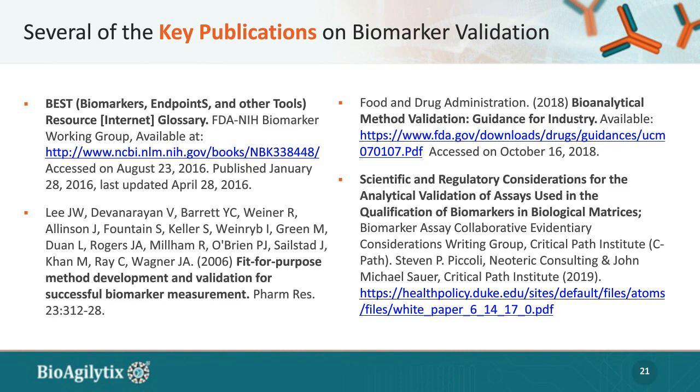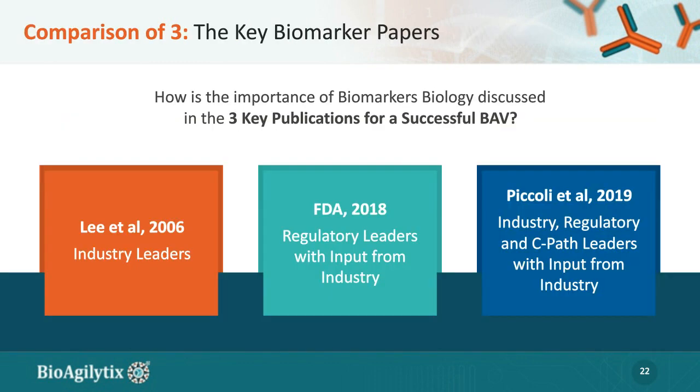In terms of the comparison of the 3 papers, there is Dr. Jean Lee's paper that was published in 2006. A lot of us that started in the biomarker field a decade plus ago, this is what we have used as our primary source to start with. In 2018, FDA came with a regulatory guidance paper, and that is something that I will touch on very quickly.